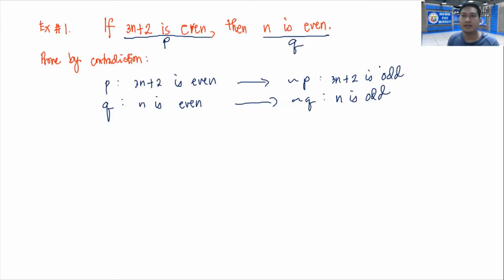Based on the description that we had a while ago, we start by supposing that P and the negation of Q are true. So suppose 3n plus 2 is even. Take note, this is the P. And the negation of Q, n is odd.